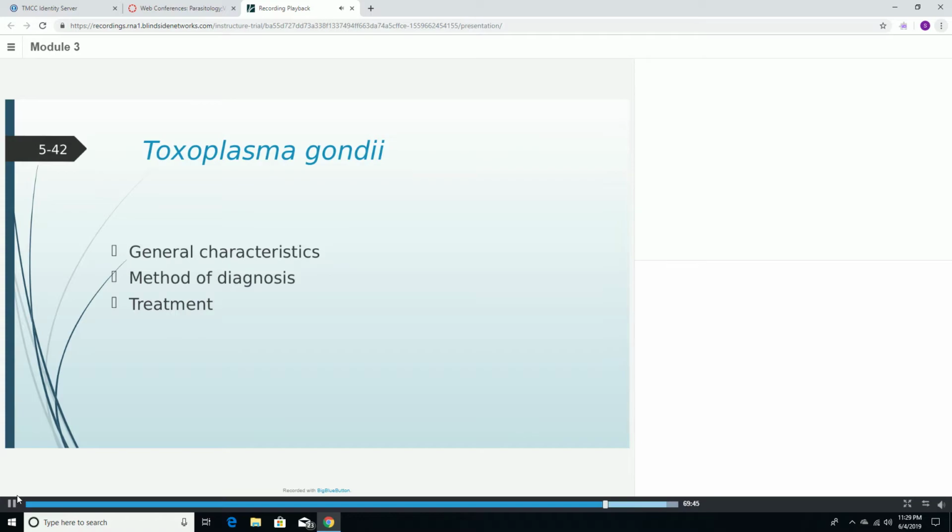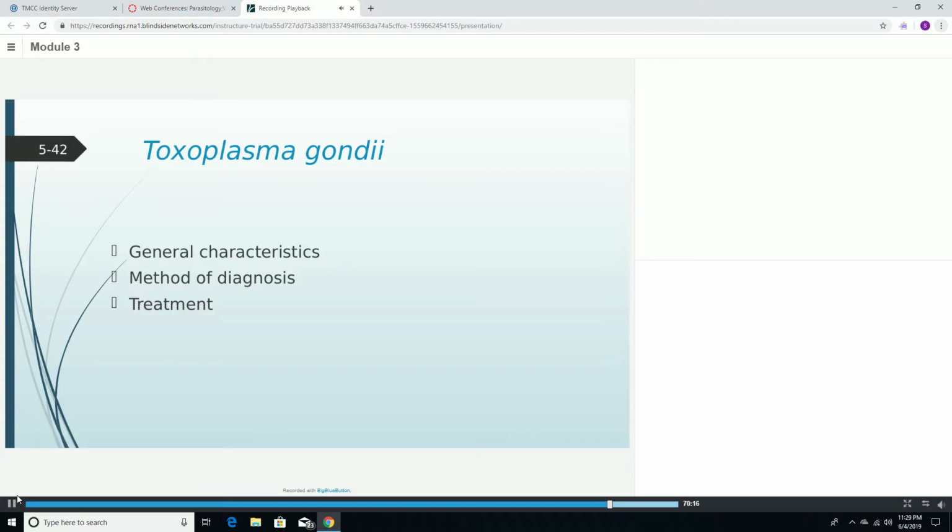Bradyzoites can also be seen and they remain viable for long periods. I want you guys to take a look at Toxoplasma in your book. It's going to be found on pages 105 and 106. With a Toxoplasma infection, we're going to want to do serological testing, and we could also do tissue biopsy or impression smear stained with Giemsa stain, and this is where we're going to see our crescent moon shaped organism.